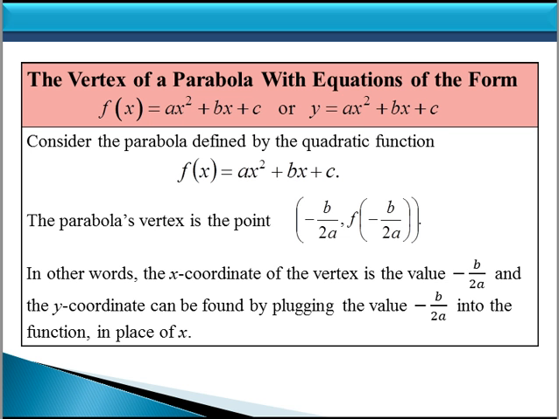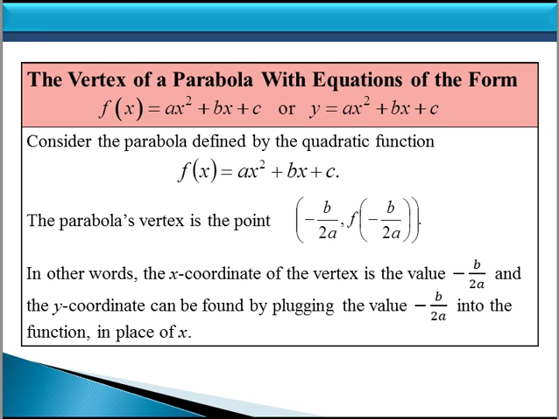In other words, the x-coordinate of the vertex is the value negative b over 2a. So you're just using those coefficients. The coefficient on the x is your b, the coefficient on the x squared is your a. Plug them into this formula, negative b over 2a, and simplify, and that will give you the x-coordinate. And then the y-coordinate can be found by plugging that value into the function in place of x.